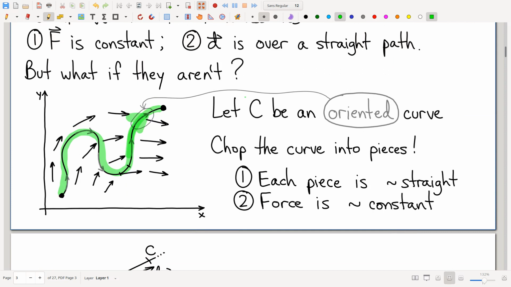And the first thing we're going to do is at least identify what the issue is, and that is this curve by itself is not what we're talking about. This is not going to be our domain, just a curve, just a paved road, just a bunch of cement sitting on the side of the mountain. That's not our domain. Our domain needs to be an oriented curve.